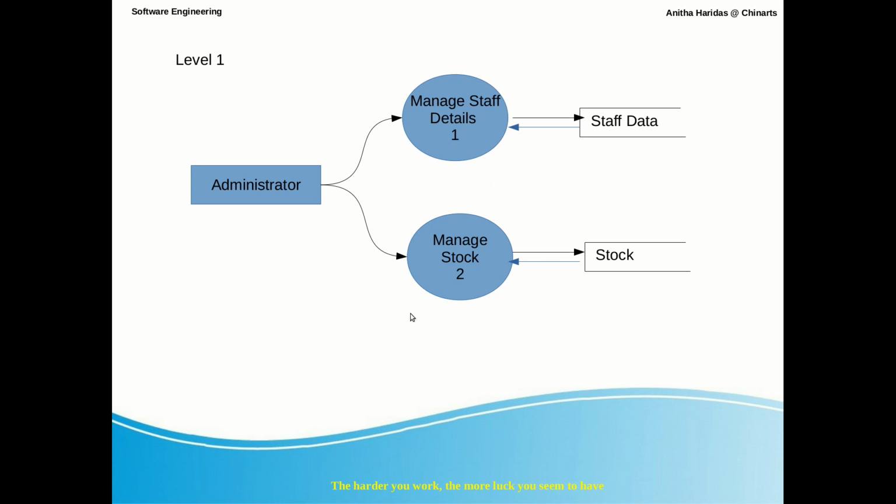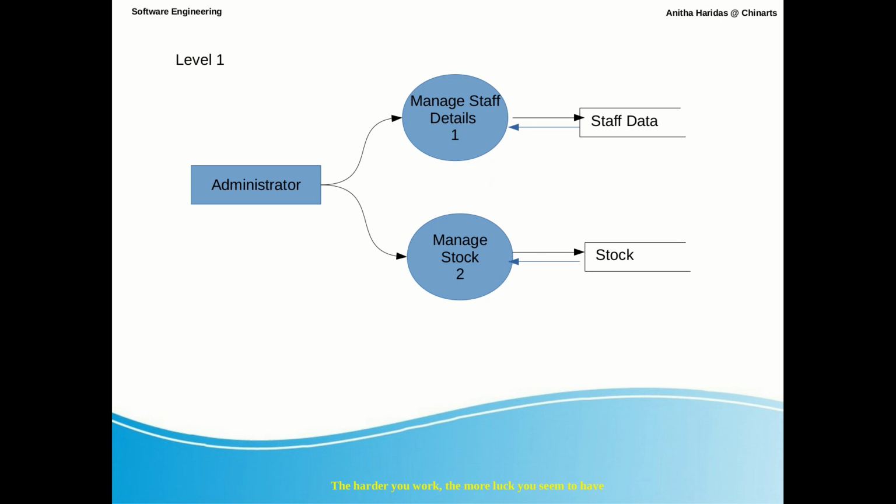In the same way, when you are going to manage the stock, you may be managing the stock level. You will be setting the stock level. That can be one sub process. Another sub process can be placing the order for each and every stock. When they are reaching the particular level, you place an order.